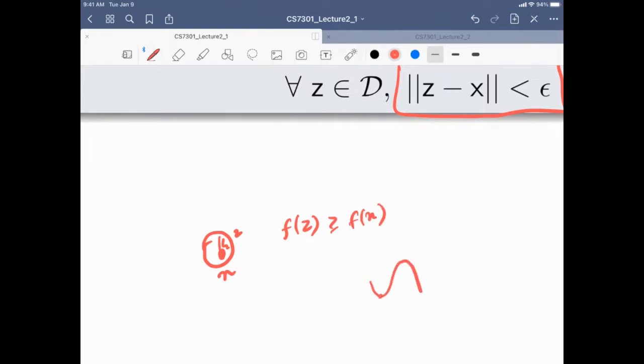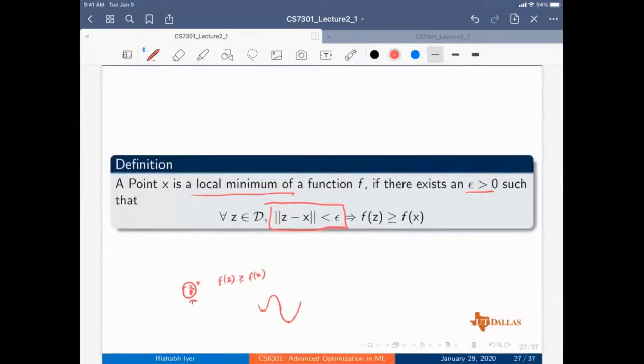This point is a local minimum because, looking at the neighborhood, it is lesser than everything else in the neighborhood. But it's not a global minimum, because you could have maybe this other point being the global minimum. So this is the difference between local minima and global minima. This is the local minimum, and maybe in this function this is the global minimum.